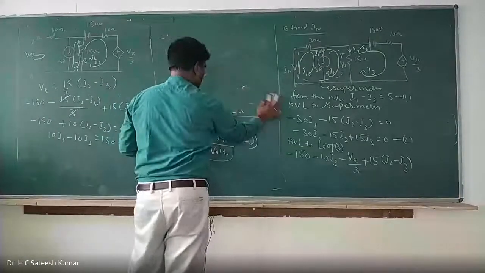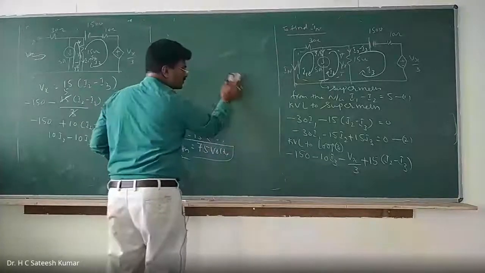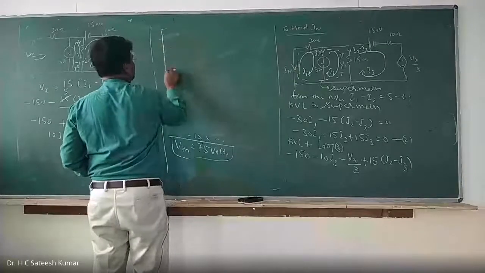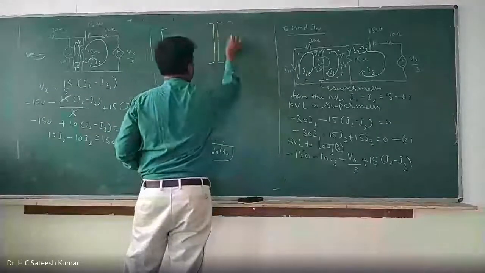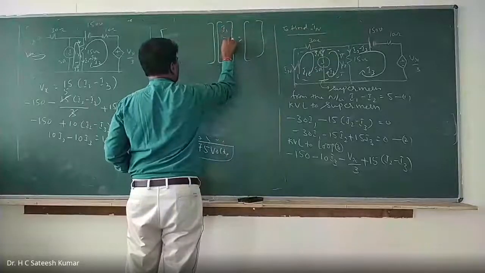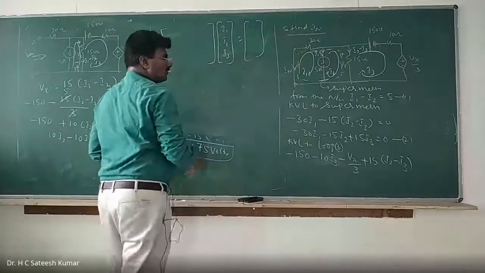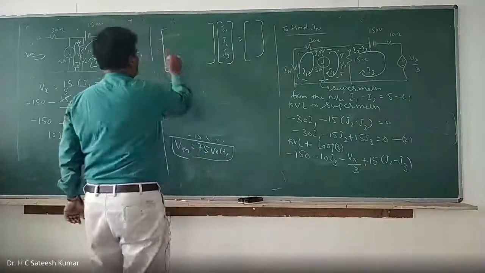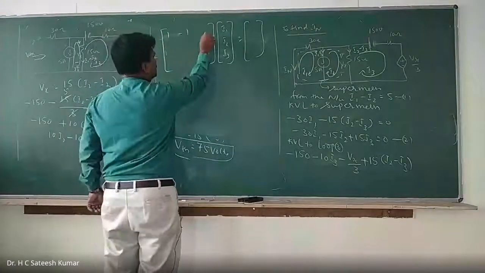Thevenin's voltage, you remember, 75 volts. Okay, right. Equation number 1, matrix. I1, I2, I3. What are the coefficients of I1, I2, I3? First one, 1, minus 1, 0.